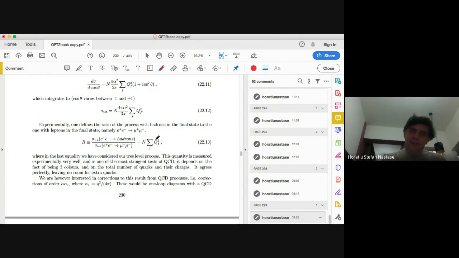But since we know that there are 3 colors, and we have seen the number of quarks and their charges, we know that to calculate this, and we therefore know that there is no other quark or gluon, because we already obtained this number.